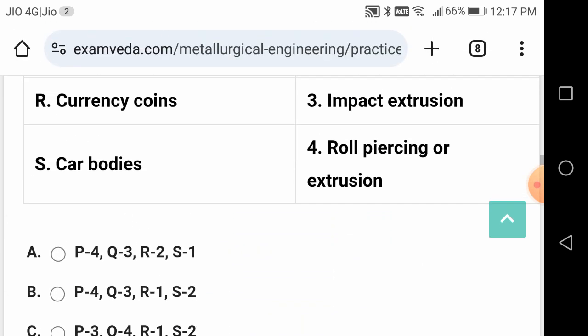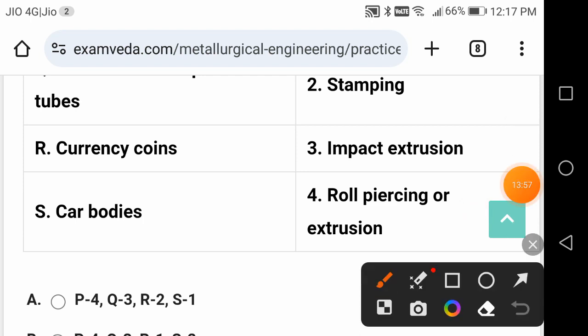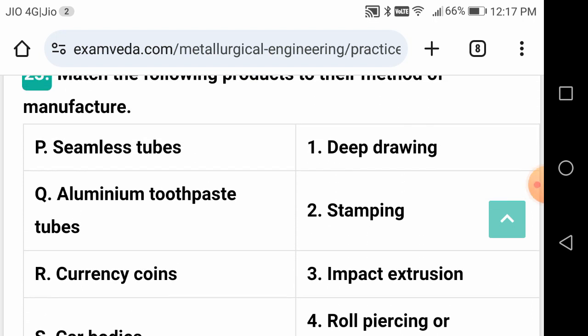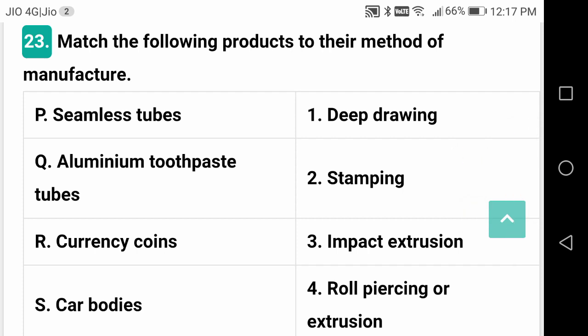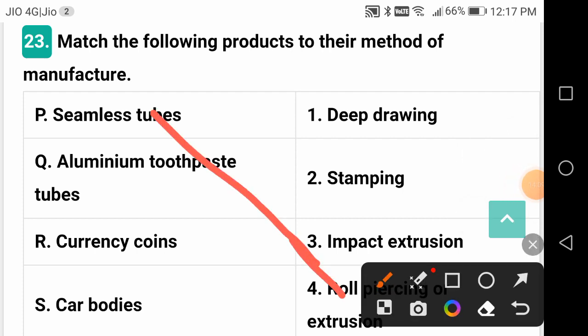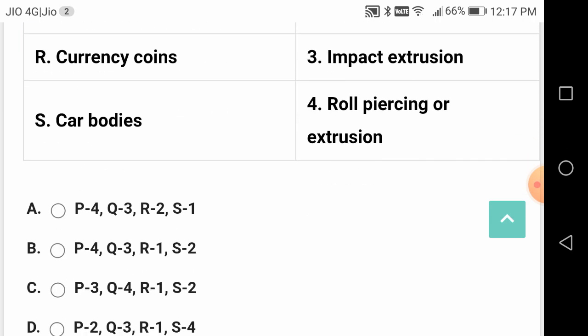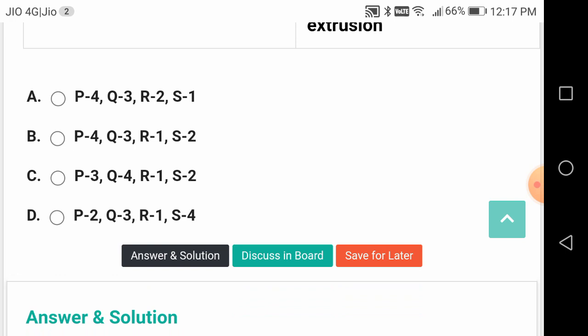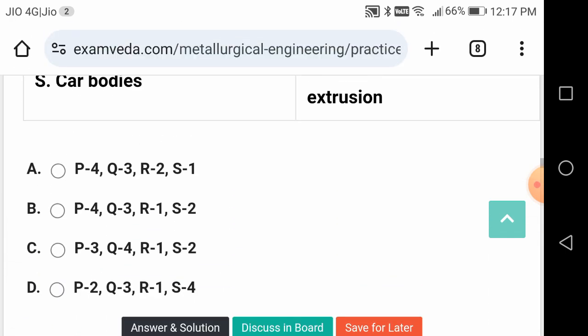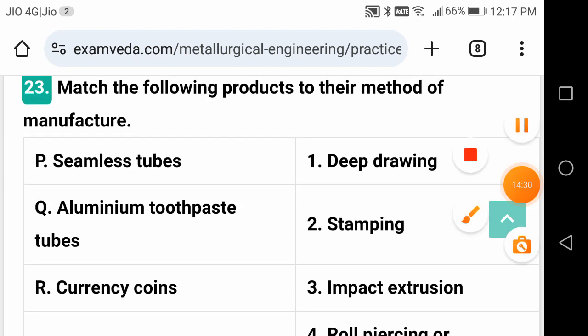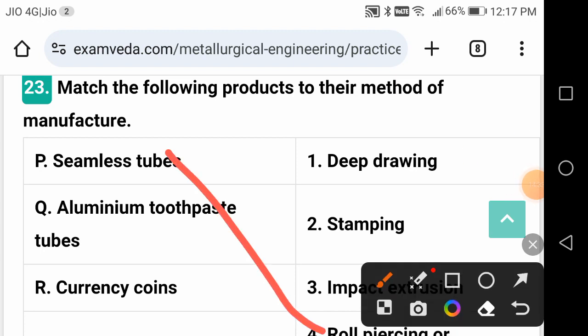A. P4 Q3 R2 S1. P4, Q3, R2, S1. Sorry, P4, Q3, R2, S1. P4, just a minute. P4, Q3, 4, 3, 2, 1.